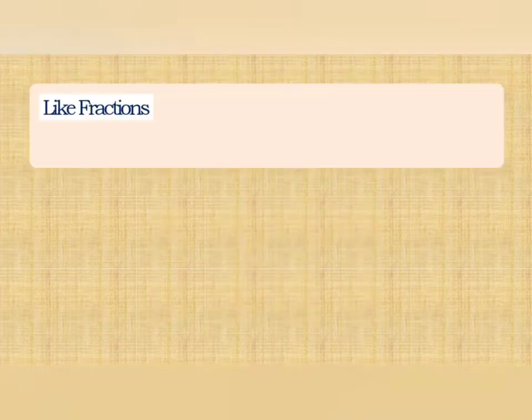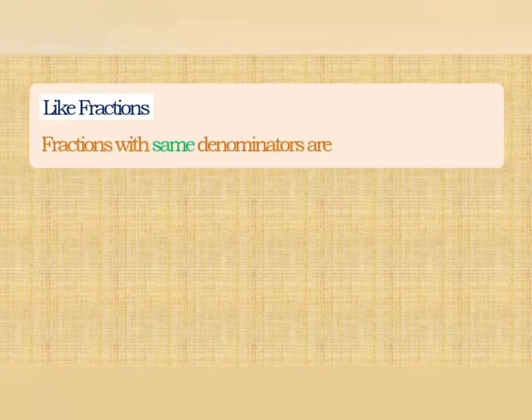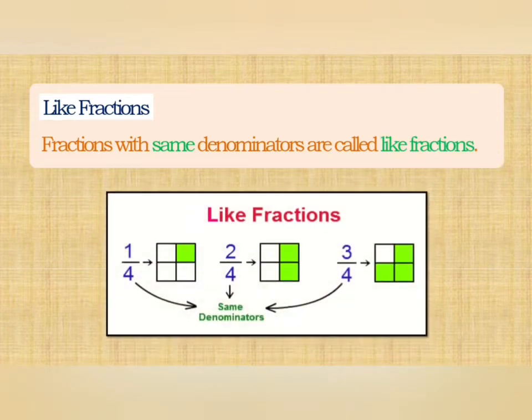Next, like fractions. Fractions having same denominators are called like fractions. Observe this example 1 by 4, 2 by 4, 3 by 4. All the denominators are same. So these three fractions are like fractions.